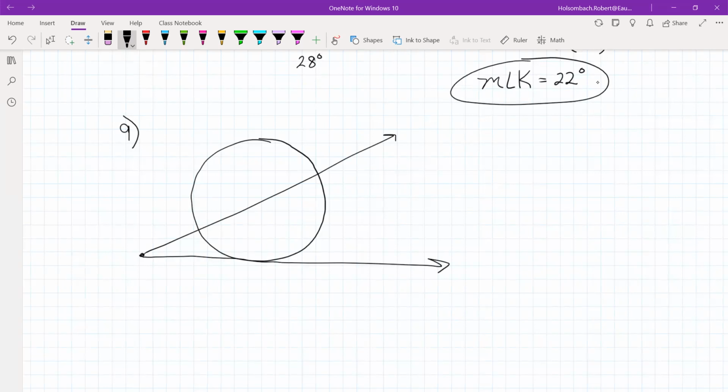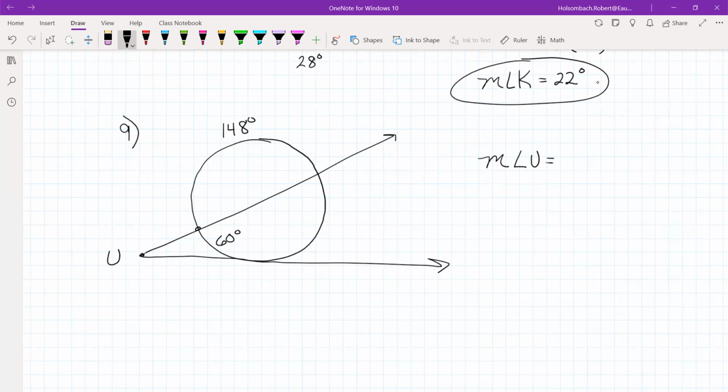And this is angle U outside of this circle. We've got a 60-degree arc, a 148-degree arc, and we need the measure of angle U.